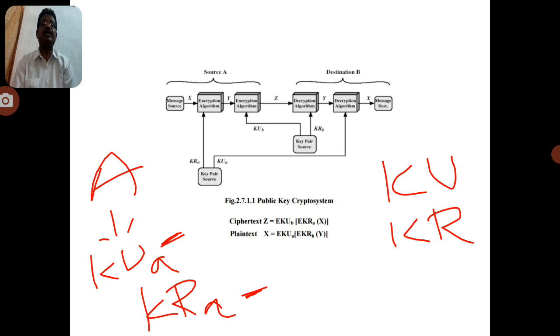He keeps the private key KRA and distributes the public key KUA to anybody. Similarly, user B defines the two keys, public key KUB and private key KRB. He keeps his private key KRB and distributes his public key KUB to any other party.